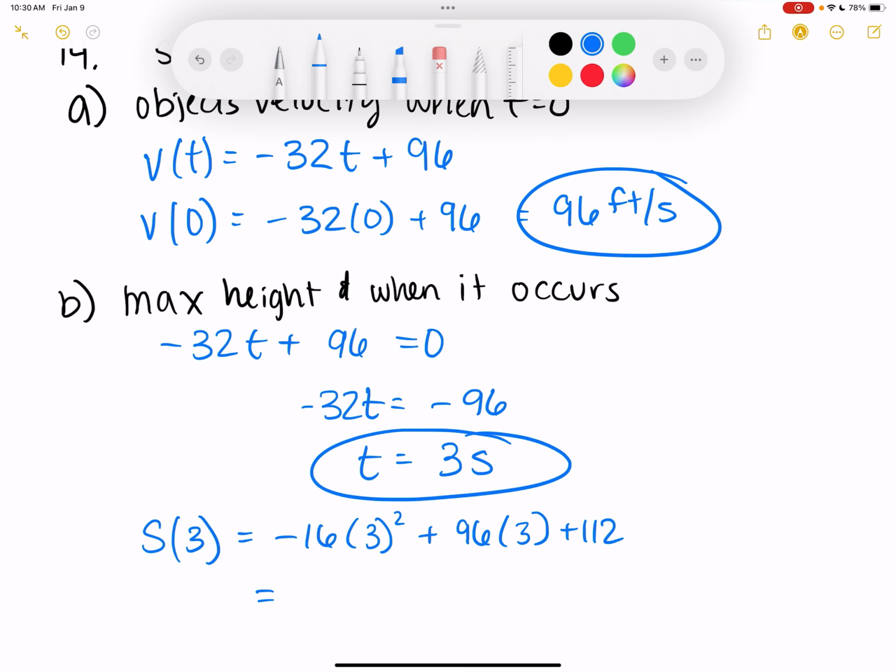And that is equal to 256 feet. So at 3 seconds, it's at its max height of 256 feet.